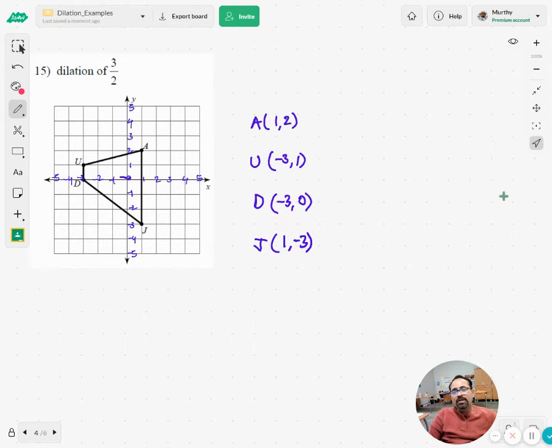Now the given scale factor is 3/2. So all these values are to be multiplied by 3/2.